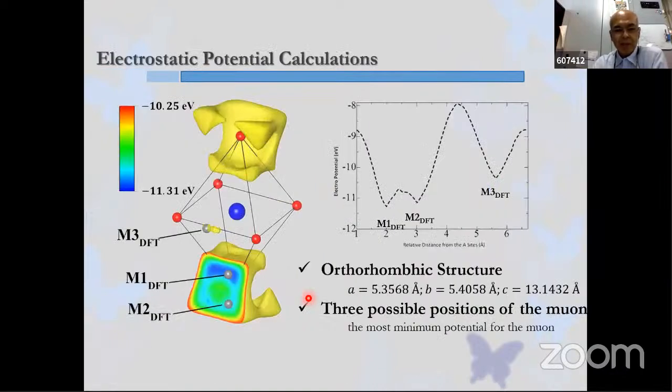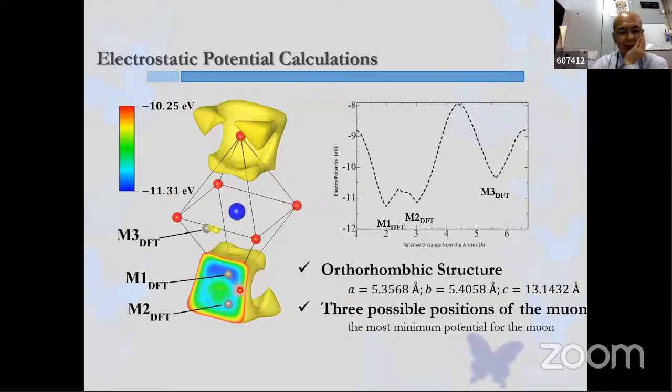On the next step, we calculated the electrostatic potential inside the material. We wrote down only this schematic view because La2CuO4 is a block layer structure based on this unit structure.